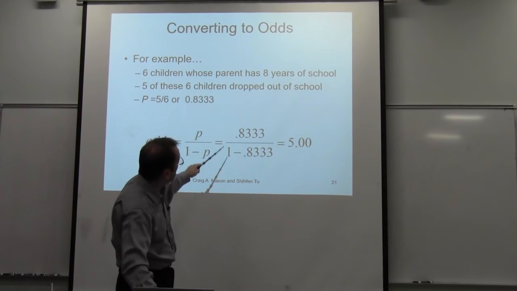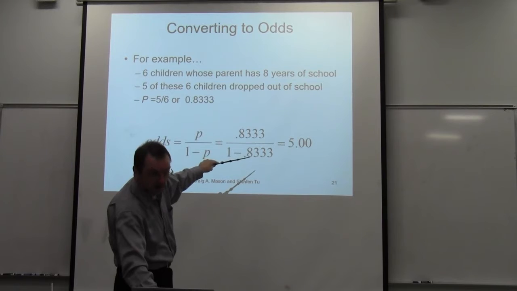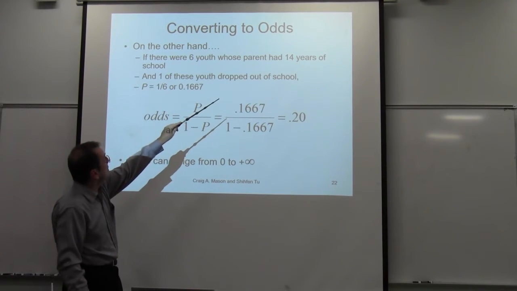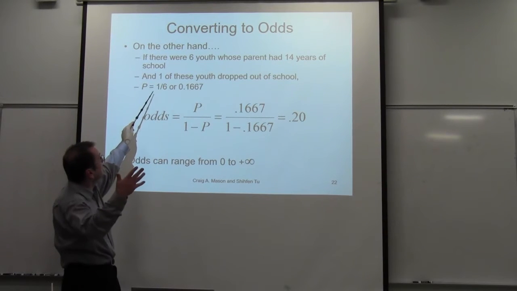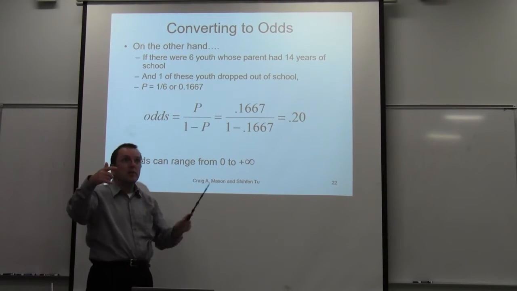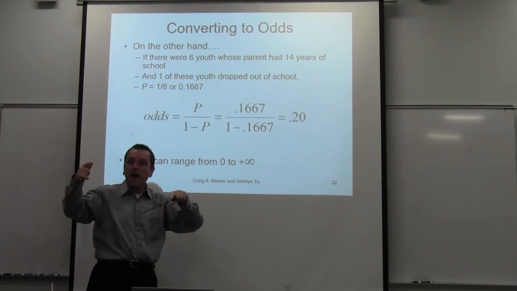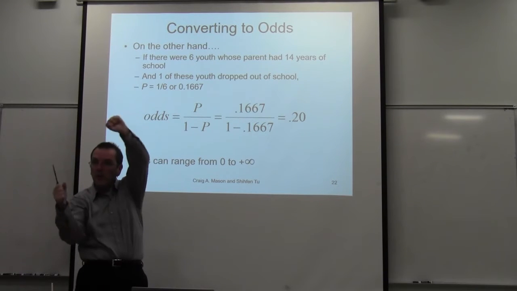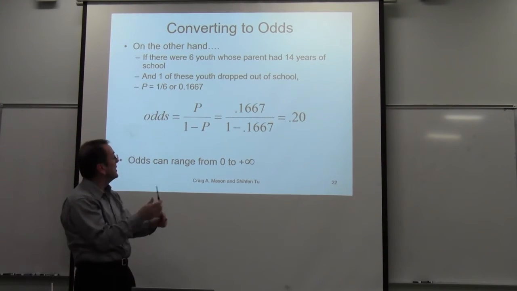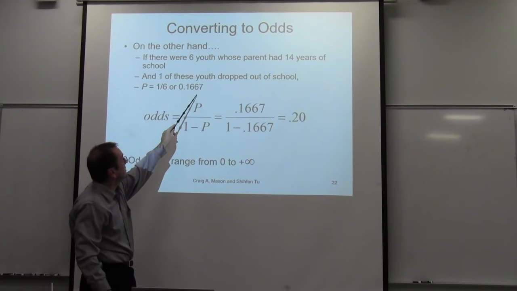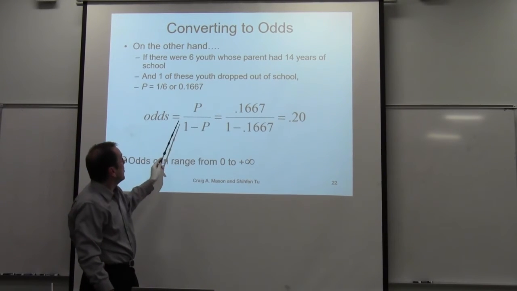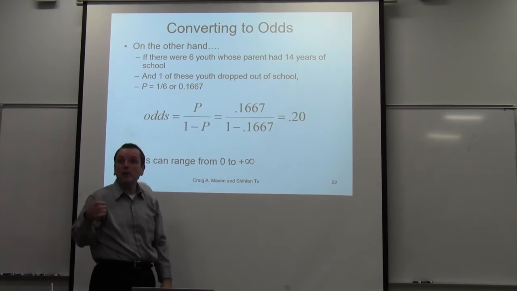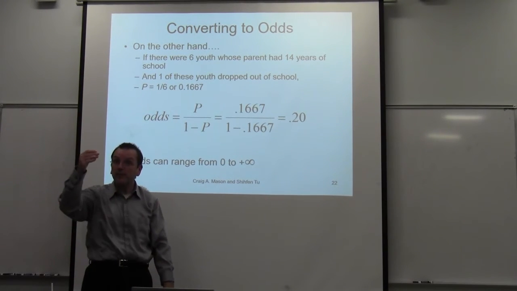We can flip that, which is good to see with the odds. If we look at parents with 14 years of schooling, we still have 6 parents, but now only 1 dropped out and 5 didn't. So it's the reverse. P is 1/6, or 0.1667. 1 minus P is 0.833, giving us an odds of 0.2, 1 over 5 instead of 5 over 1.